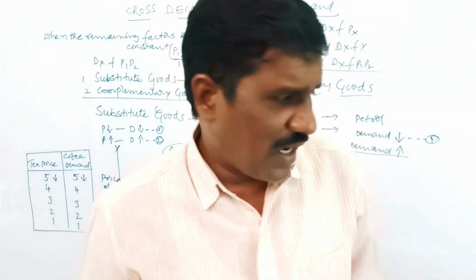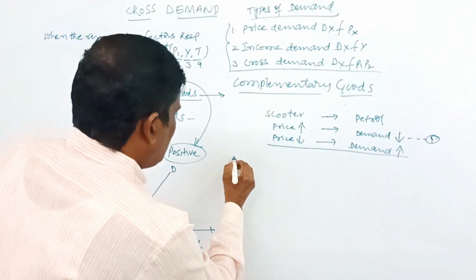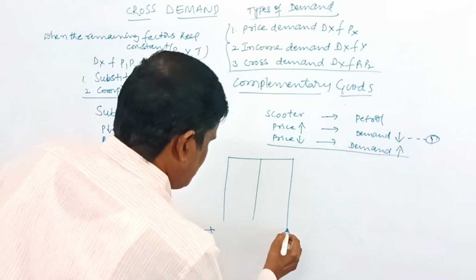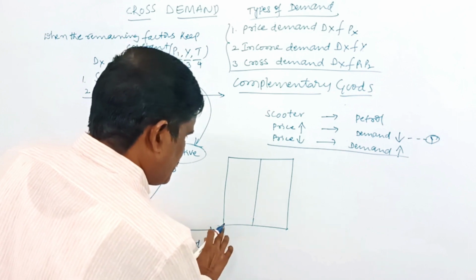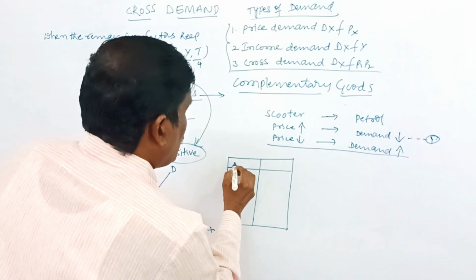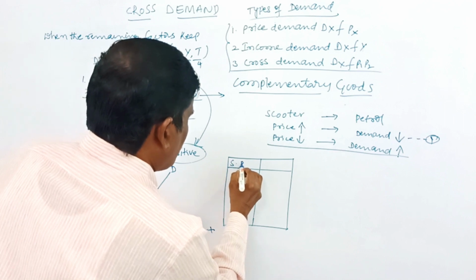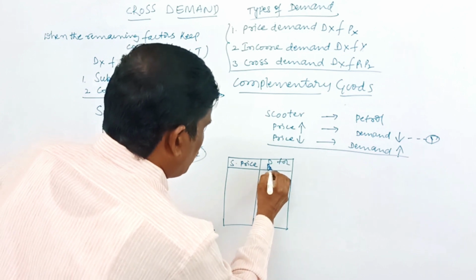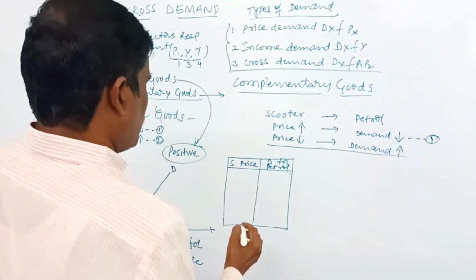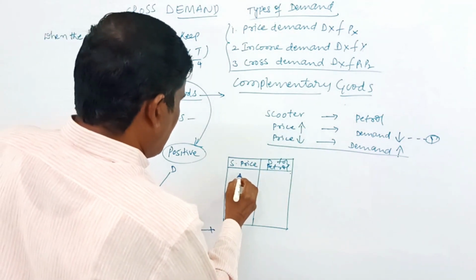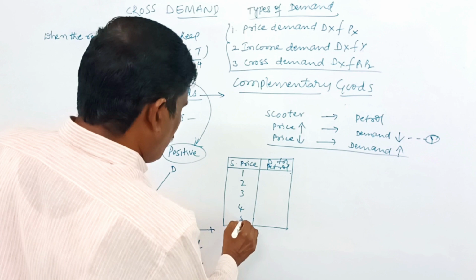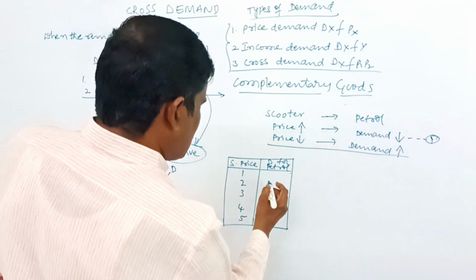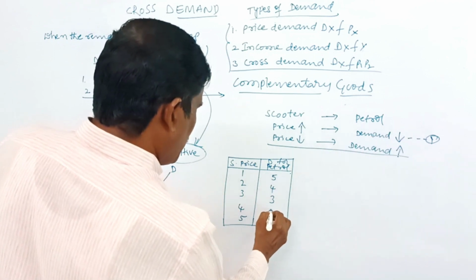So due to this cause, we can say this is a negative relationship. Scooter price, demand for petrol. Okay, same: increasing numbers 1, 2, 3, 4, 5, then decreasing numbers; as price increases, demand decreases, with numbers 5, 4, 3, 2, 1.